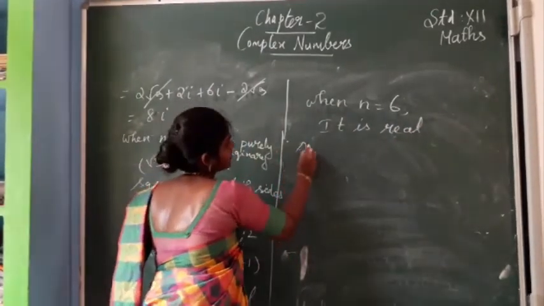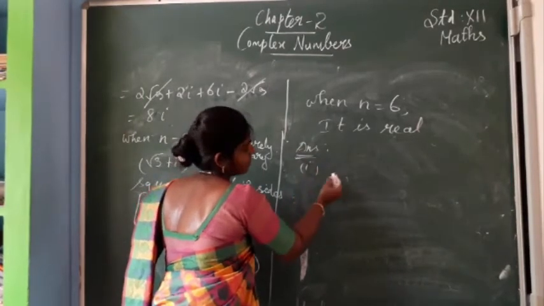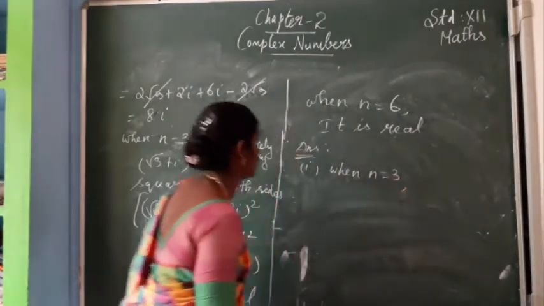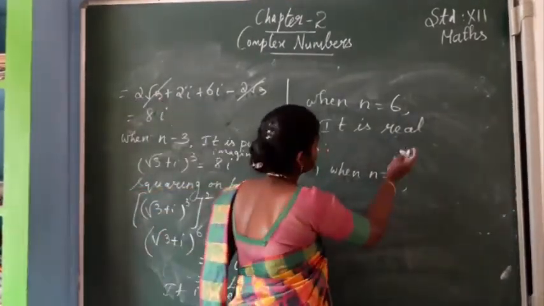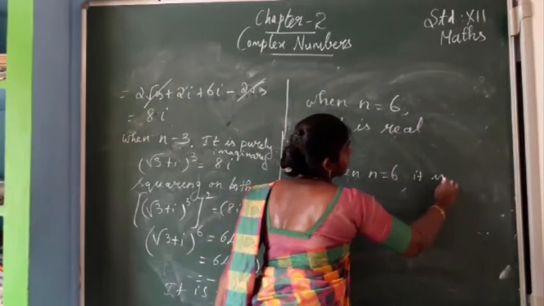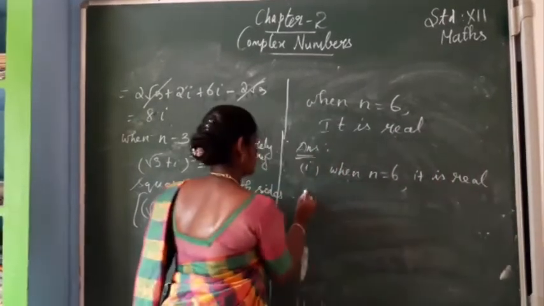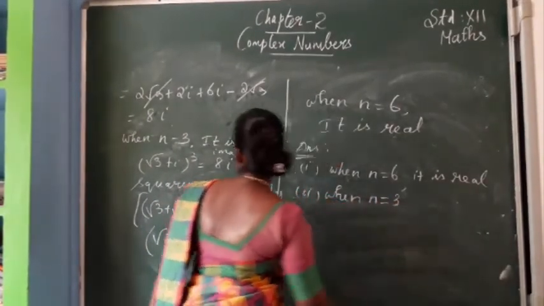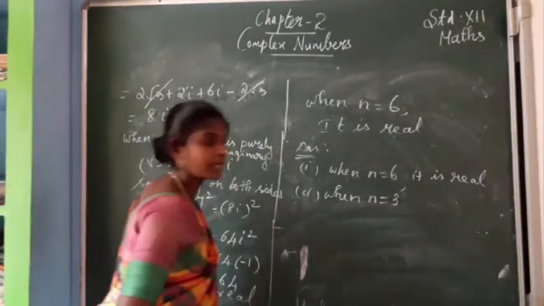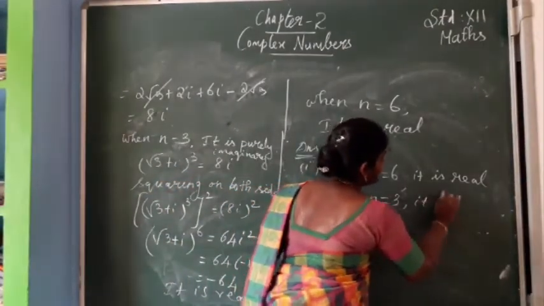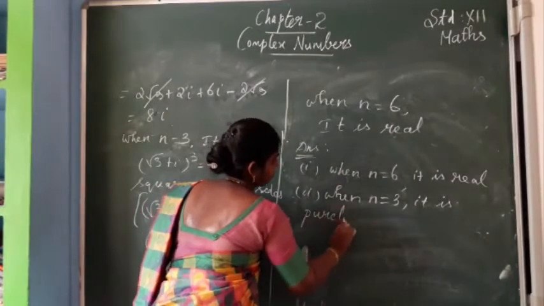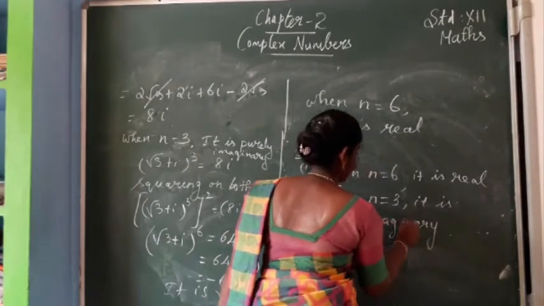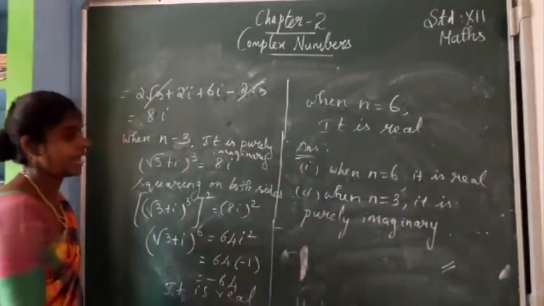For the answer: first part, real is given when n is equal to 6. Second part, when n equal to 3, you will get the purely imaginary value. So this is the answer.